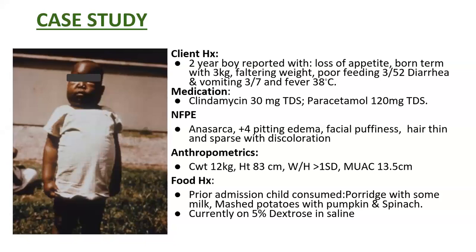Since we saw that the patient usually consumes porridge, which is starch, mashed potatoes, which is also starch, while pumpkin is a starchy vegetable, and spinach, which is also a vegetable. So the full hemogram would be important because you'll be able to check the HB, the hemoglobin levels, and the mean corpuscular volume to determine which type of anemia this child has.